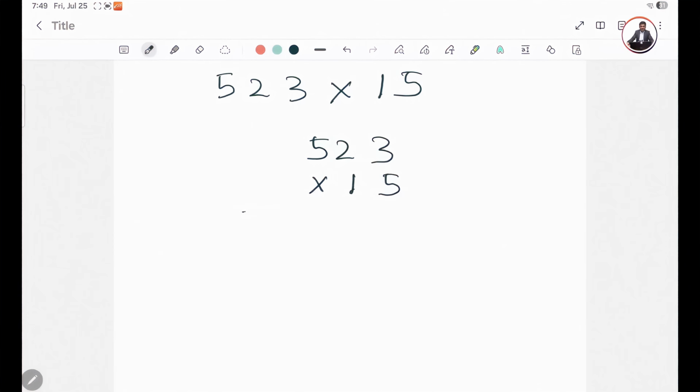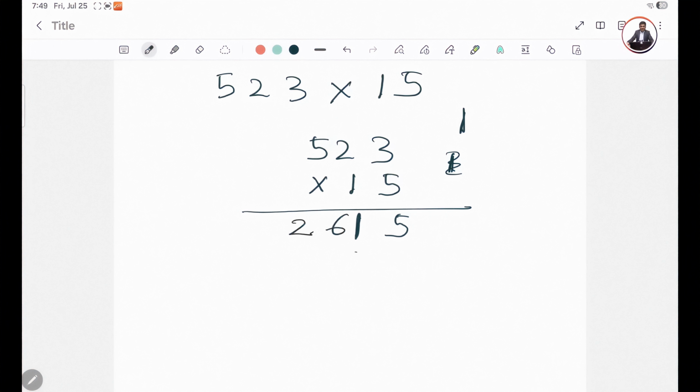And then again, 523 times, if I want to multiply with the number 50, what you have to do is write down this number 523 here and multiply 15. Here you multiply 5 times 3, 15, 5 here, 1 remaining. 5 times 2, 10, plus 1 is 11, and then put 1 here, then again 1 remaining. 5 times 5, 25, plus 1 is 26.